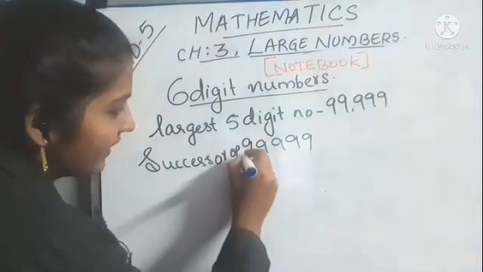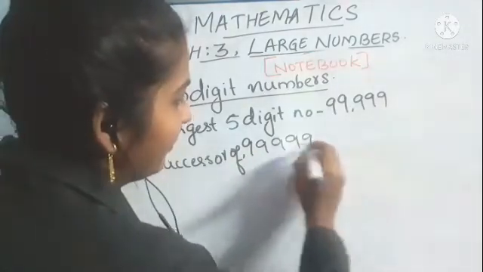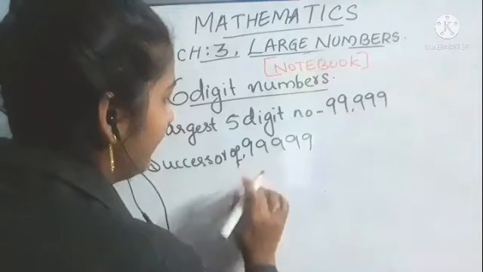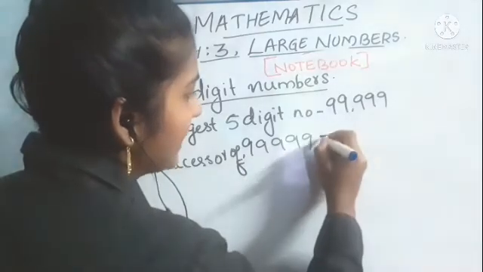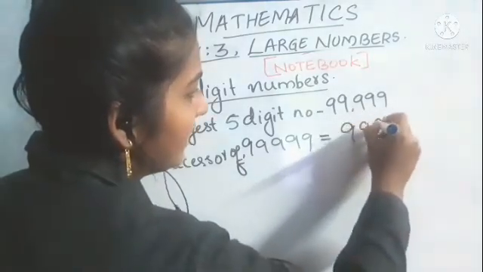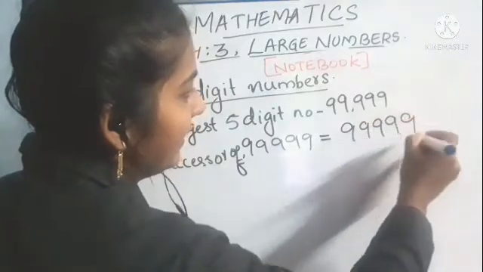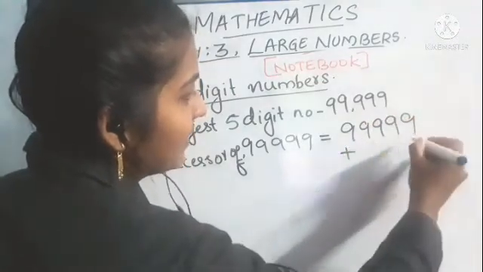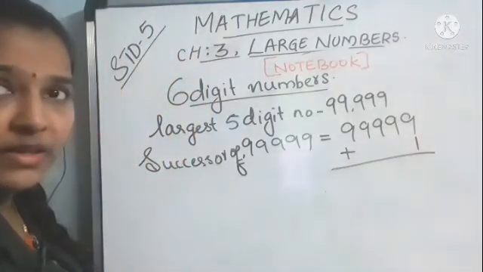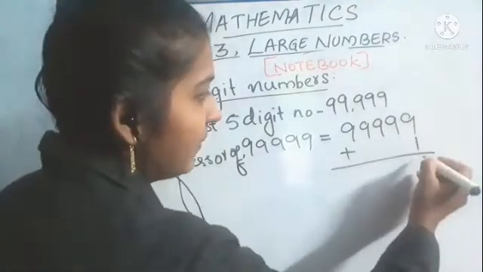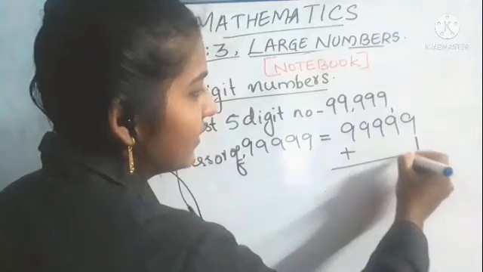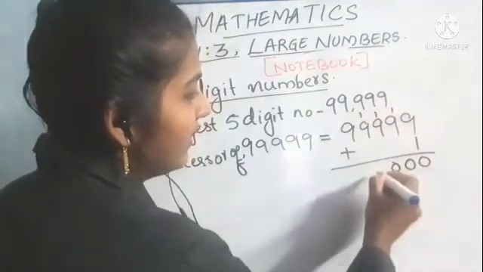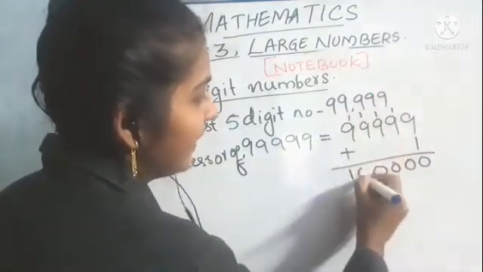Successor of 99,999 is equal to 99,999 plus 1. Okay, let's add 1 with the number. 9 plus 1, 10, 0, 1, 0, 1, 0, 1, 0, 1, 10.